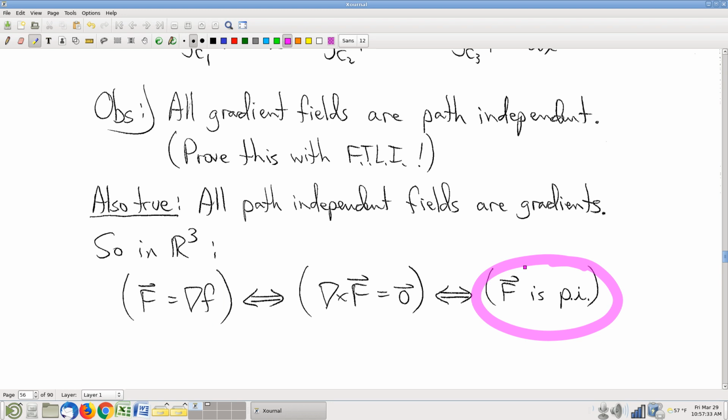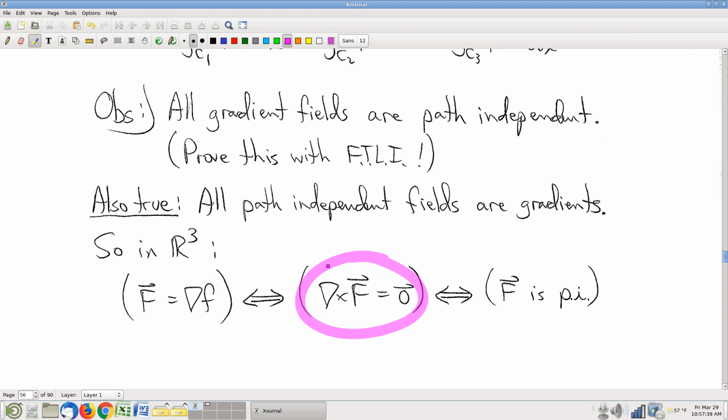The way you would describe path independence is extremely different from the way you would describe curl being 0, which is very different from the way you would describe being a gradient. So we need to have these different descriptions because the properties themselves are what's interesting, and the fact that any vector field that has one also has the other is really a motivation to talk about the distinction between the properties, not the other way around.